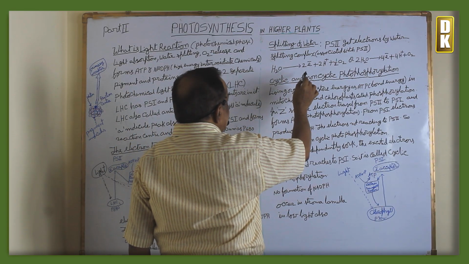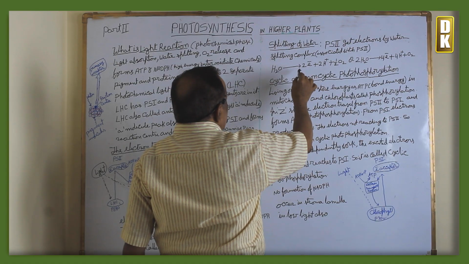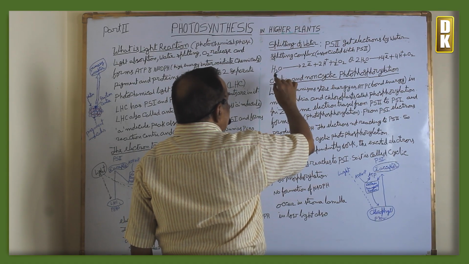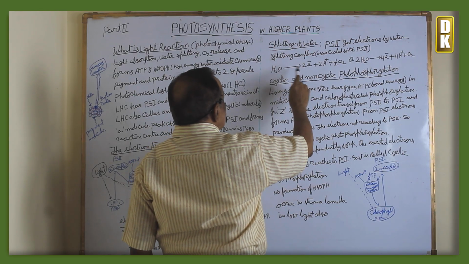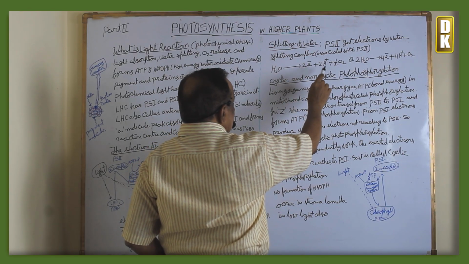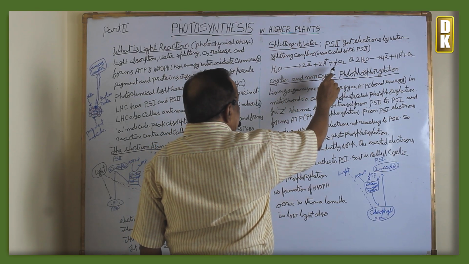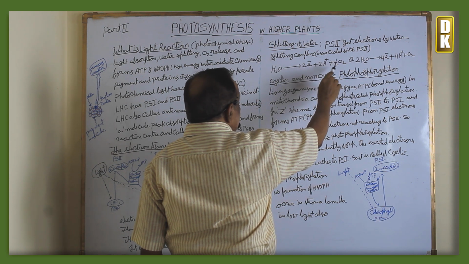Water will be split into electrons, hydrogen and oxygen. Hydrogen will immediately be split into two electrons, two protons, plus one atom of oxygen.